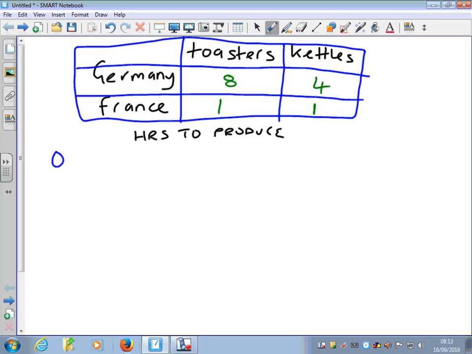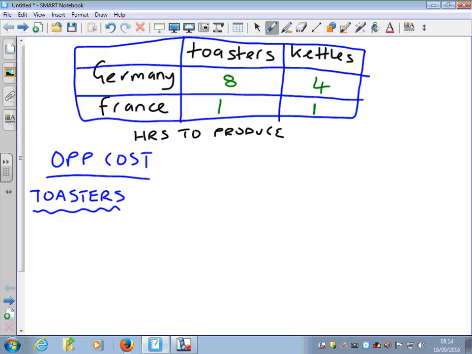So what we're now going to think about is this, the opportunity cost. So let's think first of all about toasters. And if we think about the Germans, and we think about the French. Okay, now in Germany, in the time it takes to make one toaster, which is 8 hours, the opportunity cost would be 2 kettles.